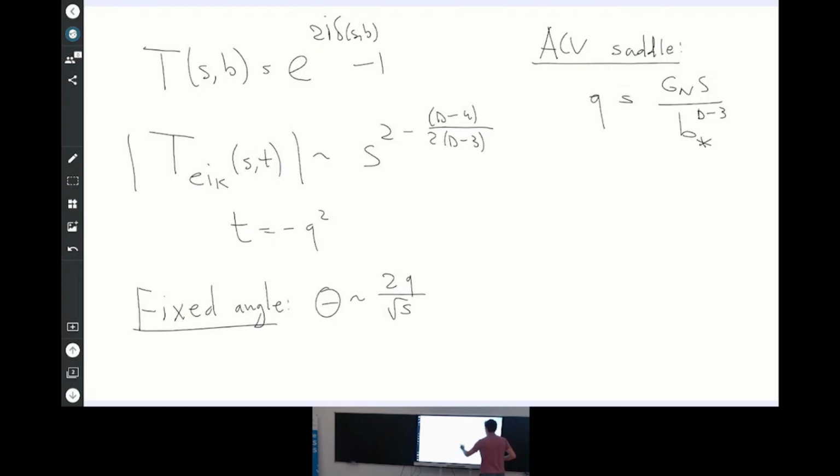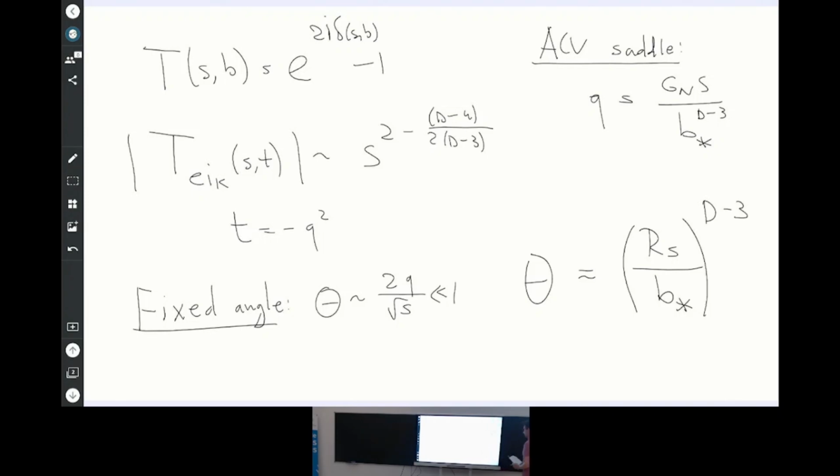And then if you plug this formula into this saddle point equation, you get this famous formula. So let me take it to be small first. At fixed angle, the saddle point is located at the following relation.